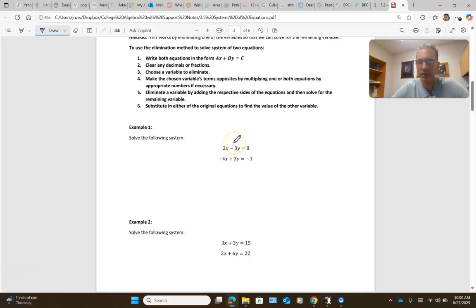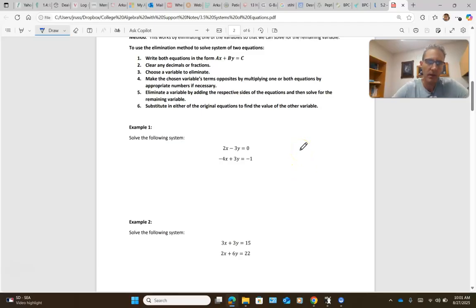And what you would be doing to solve a system like this is trying to figure out a value for x and a value for y that will not just work for one of these equations, but will actually work for both of them. Typically there ends up just being one value of x and one value of y. It'll make both of these equations true statements.